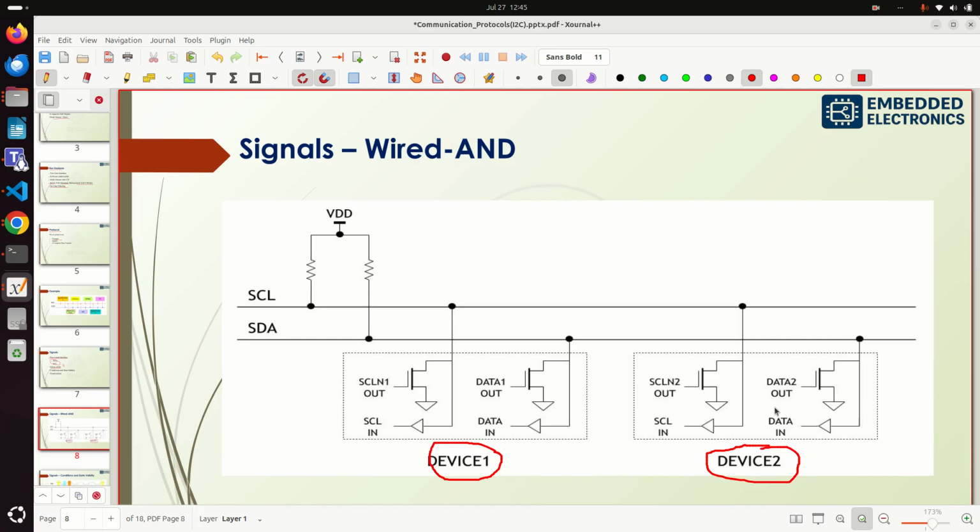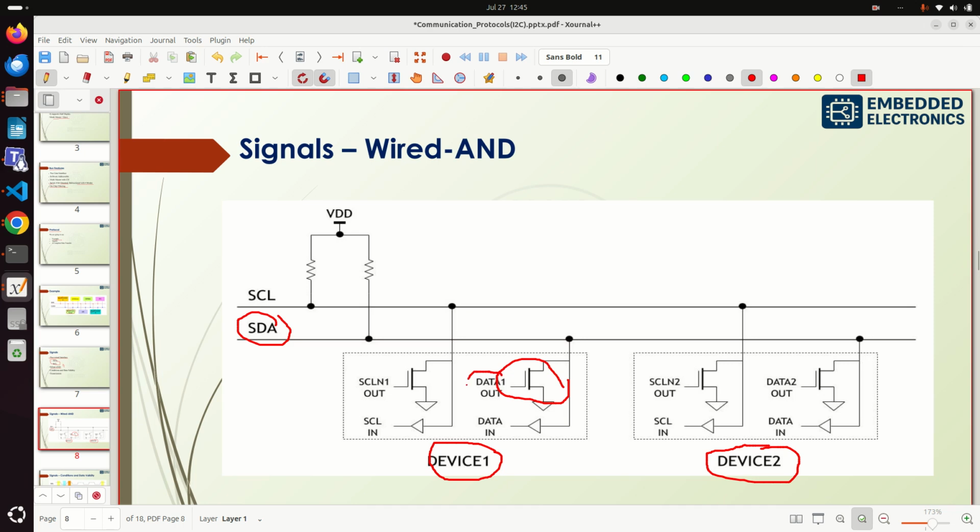These devices are connected to a single data line, that is SDA. Here we use one device, an open drain MOSFET. Whenever I want to write data, I write it at this particular device.